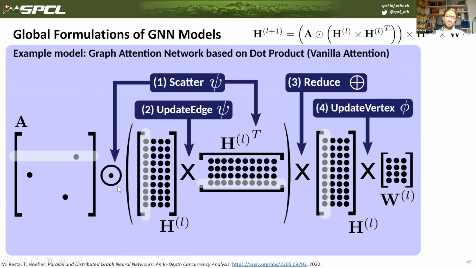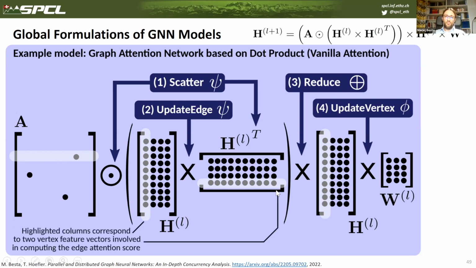These operations correspond to the first and the second stage of the local formulation pipeline. Namely, the element-wise product of the adjacency matrix and the outcome of H times its transpose corresponds to the scatter function, and the update H part corresponds to the product of these two matrices here.